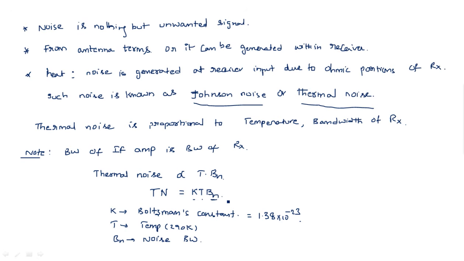Coming to Bn, how can you write the expression for noise bandwidth? Bn is written as Bn equals the integral from minus infinity to infinity of mod H of f squared divided by H of f naught squared, into df.